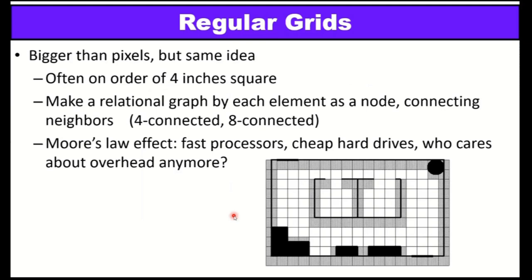Now, another technique is breaking C-space into a grid. Whether you have sensor data or a camera view, you break up the view into a grid.